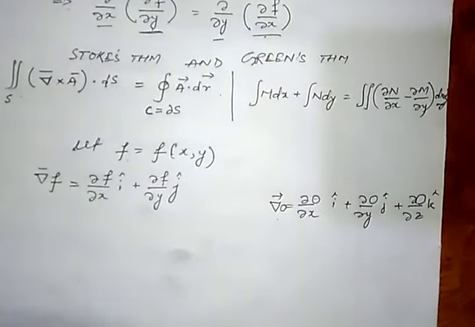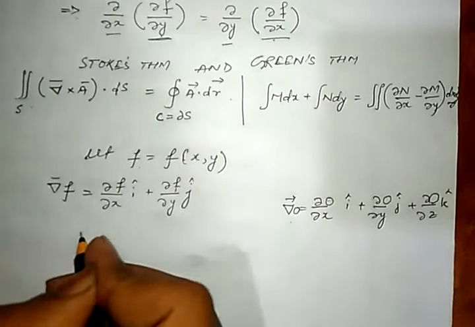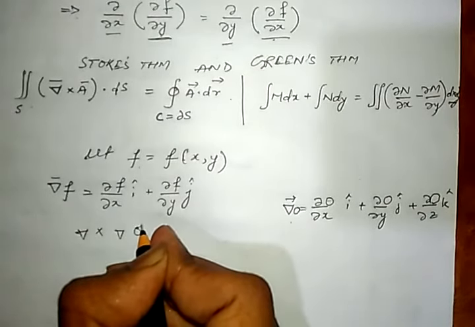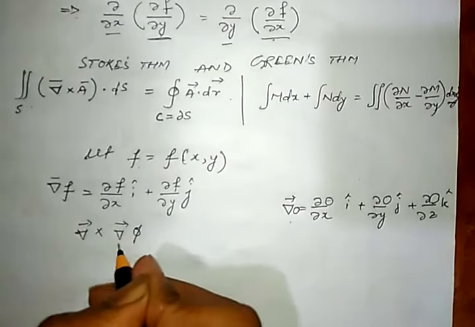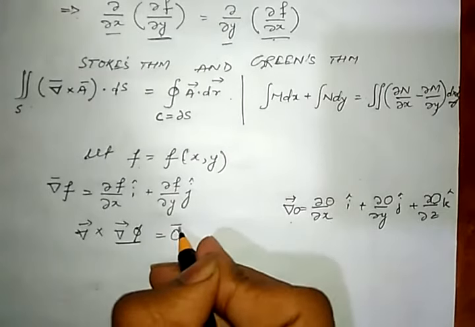This is the gradient of f, and now we are going to use a vector identity, or an expression. The expression is that the curl of a vector which is the gradient of a function is always 0, or the null vector.